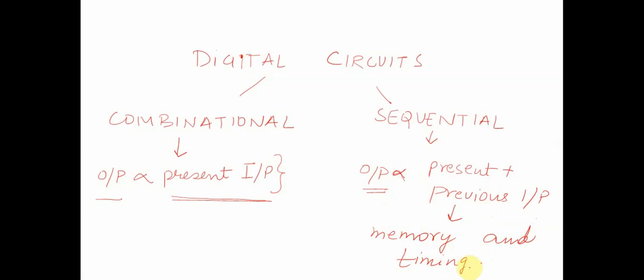We will look deep into what the memory circuit element is, what the timing constraint is, and what further circuits are part of combinational and sequential logic. Just keep in mind that digital circuits are of two types, combinational and sequential. Now, going forward, just to mention a few more terms when we talk about processing elements.